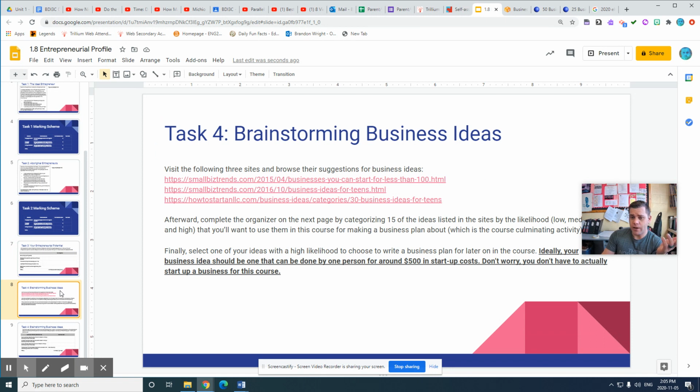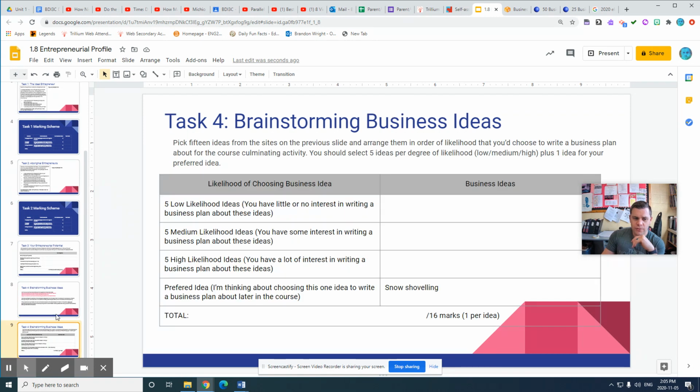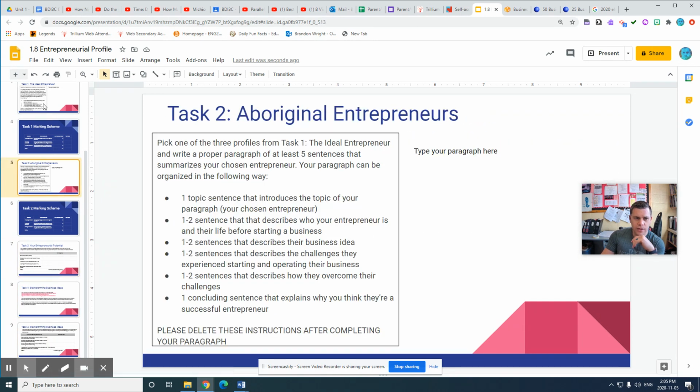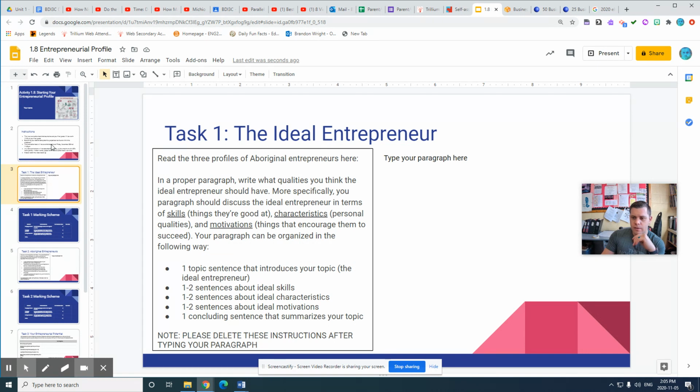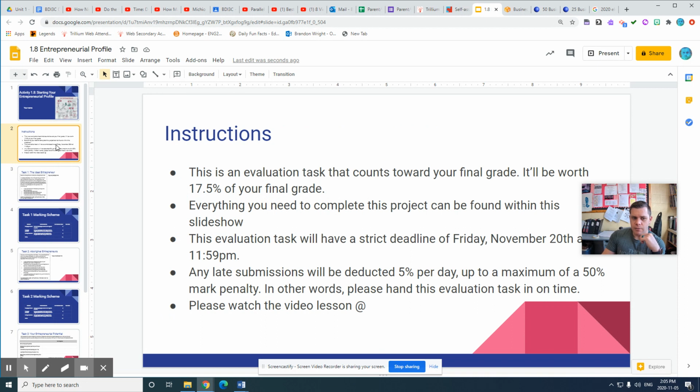And this white slide right here, you don't need to write a single thing on it. So this slide, this slide, this slide, and this slide, 4 slides, that's where you need to type your responses. This slide, I'm going to change that to purple because you don't need to write anything on this either.